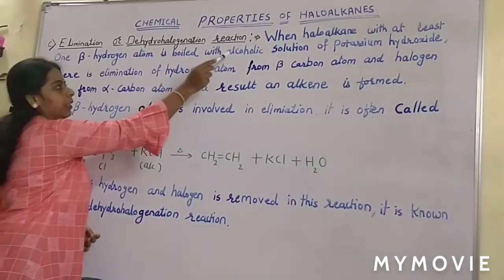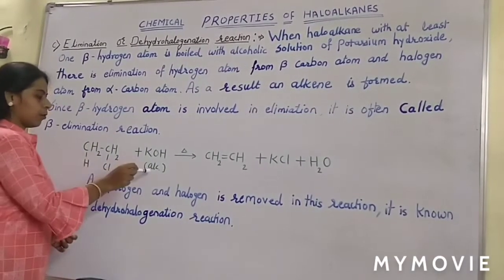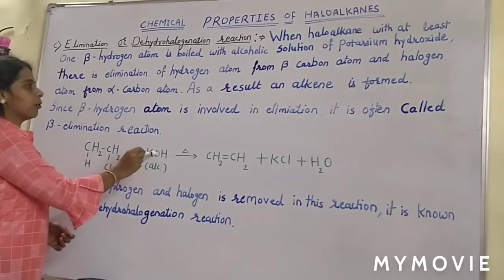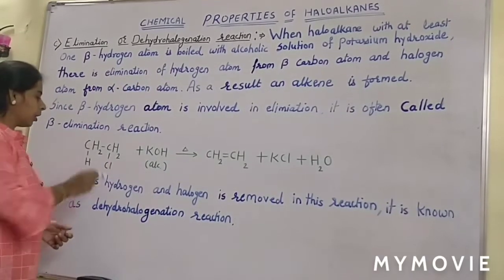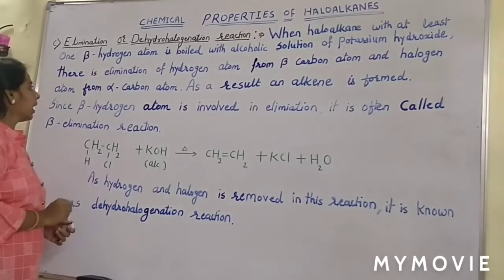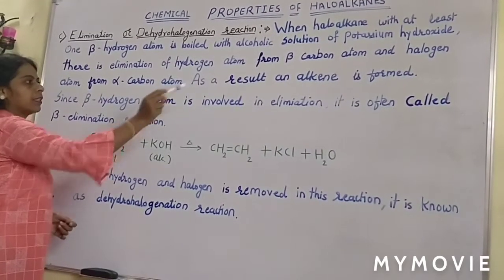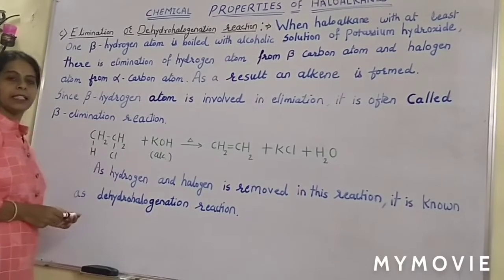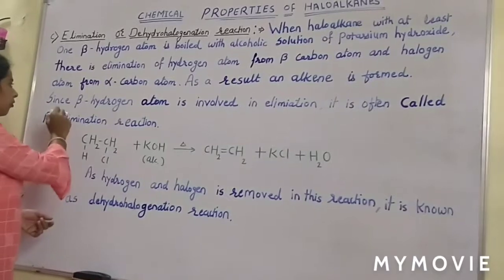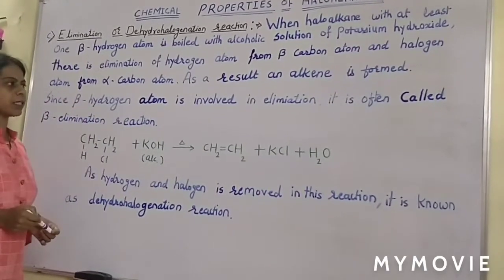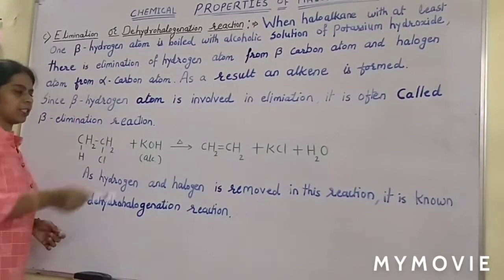There is an elimination of a hydrogen atom from the beta carbon atom and a halogen atom from the alpha carbon atom. As a result, an alkene is formed. Since a beta hydrogen atom is involved in elimination, it is called a beta elimination reaction.